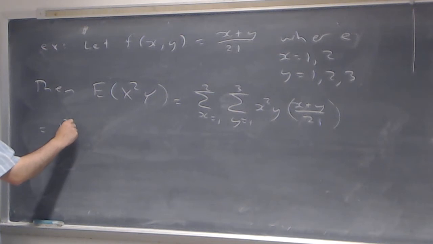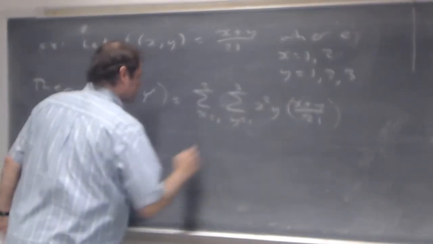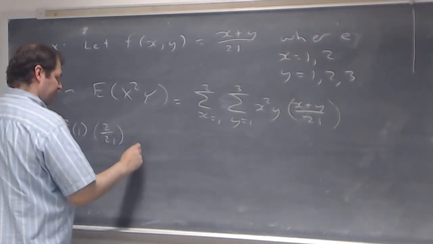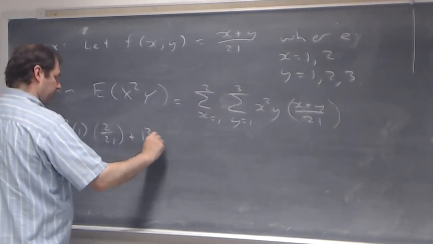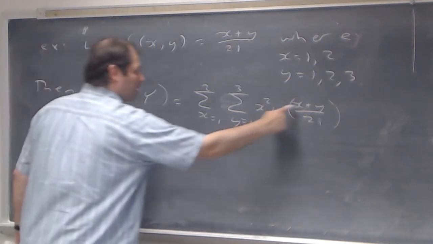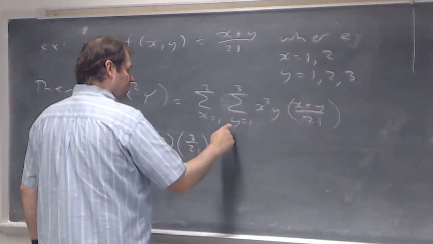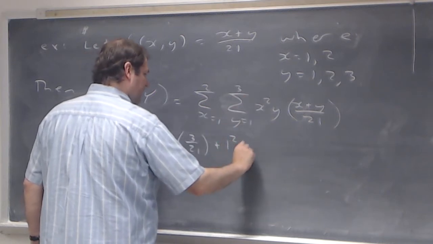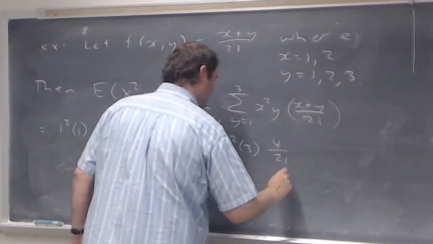When y is 1, we have 1, and then it's 1 plus 1, so that's 2 over 21. Again, still holding x equal to 1, I have plus, now y is 2 this time, so it's 1 squared times 2, times 1 plus 2, so it's 3 over 21. Plus, x is still 1, y is 3, so it's 1 squared times 3, and this last part is 4 over 21.